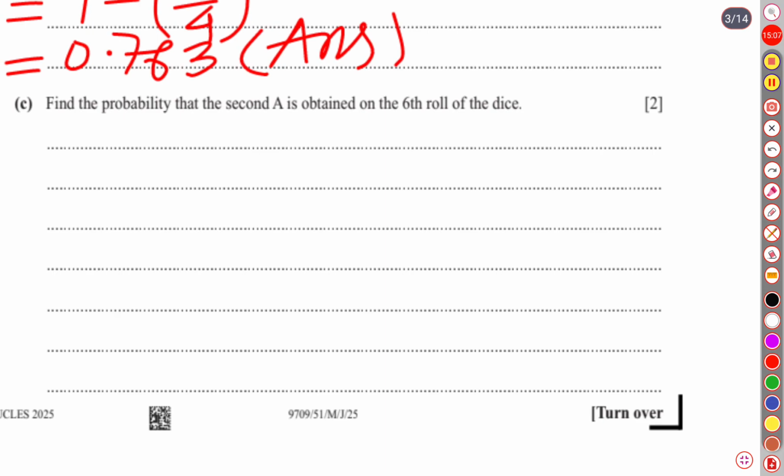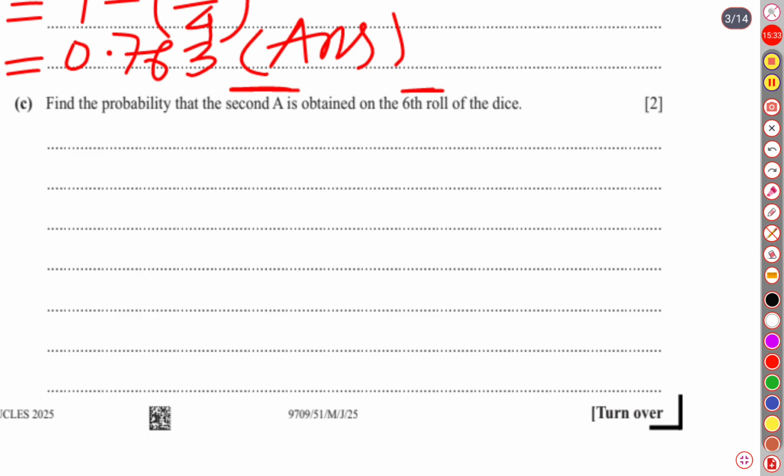Then the next question says, find the probability that the second A is obtained on the sixth roll of the dice. In this question, there are two pieces of information given. It is all about the second A. That means the second A is obtained on the sixth roll. So what about the first five rolls? In the first five rolls, once A was obtained out of five trials, there was a success once, but four times it failed.